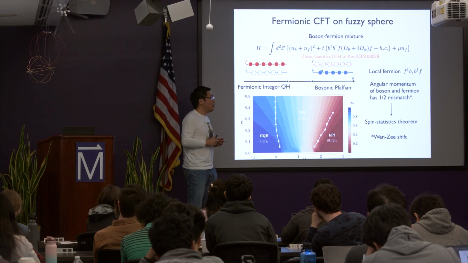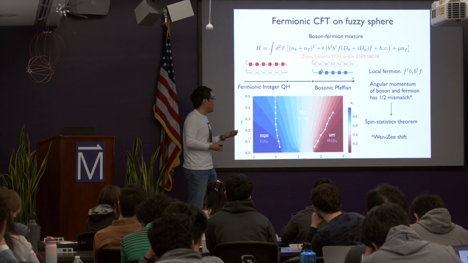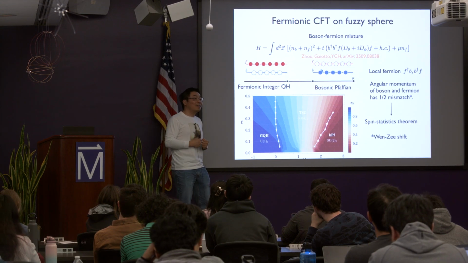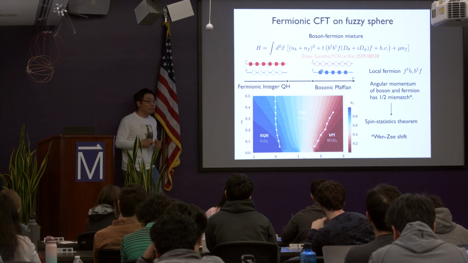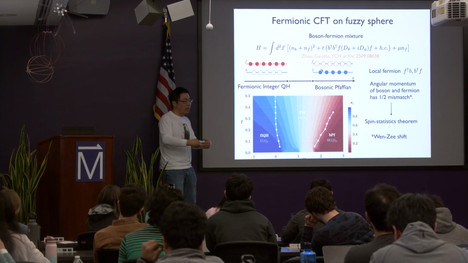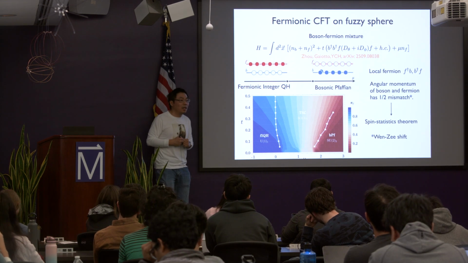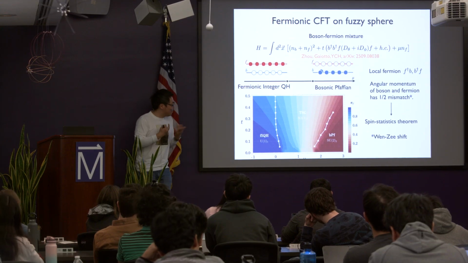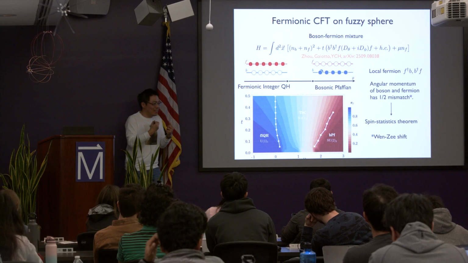Or in other words, in Kitaev's 16-fold way, it's the nu equals 3 state. It's a fully gapped state, and on its edge, it has 3 Majorana fermions.